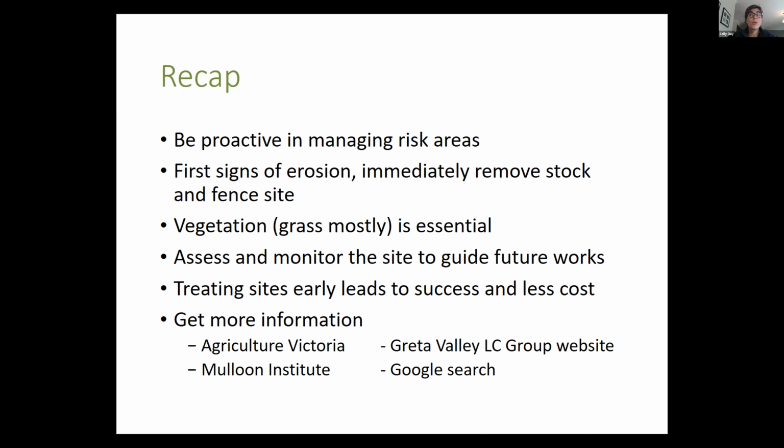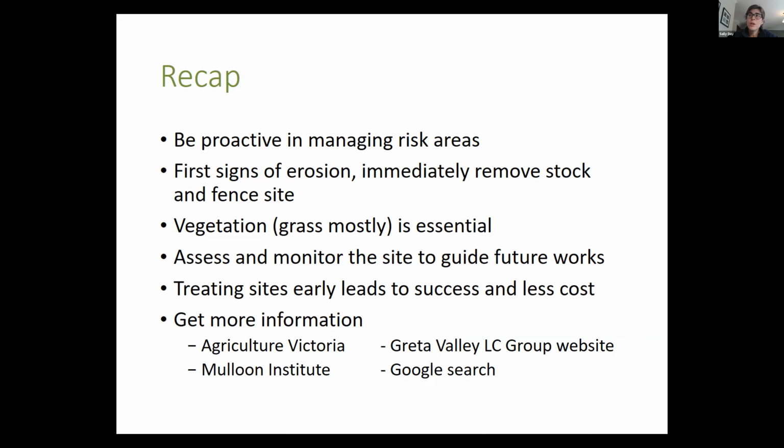Vegetation, predominantly grass, is absolutely essential for stabilising these sites and preventing them from developing further. Please assess and monitor the site before you make decisions on what needs to happen there in terms of management.